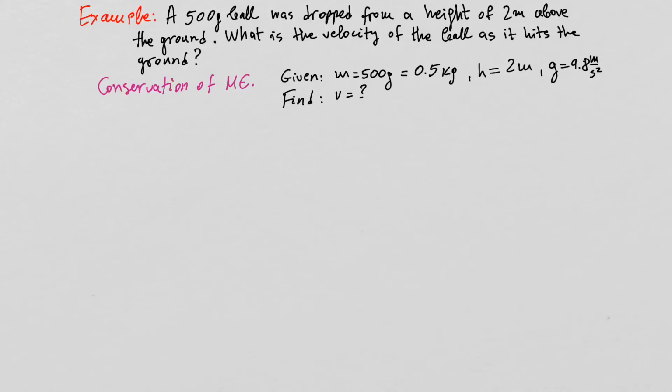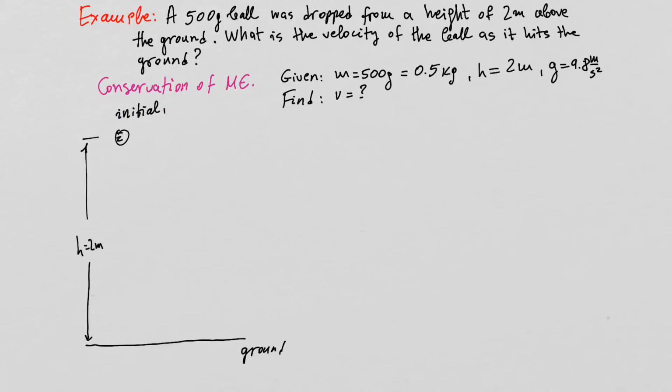So let's sketch the problem. This is the ground, and the ball starts somewhere here above ground at a height h, which is equal to 2 meters. At the starting position, the initial position, the mechanical energy of the ball, mechanical energy initial, is equal to kinetic energy initial plus gravitational potential energy initial.